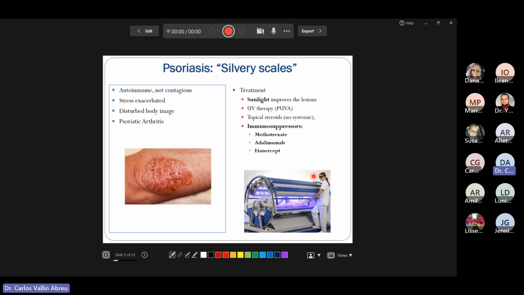Sometimes this autoimmune attack can extend to the joints. So with certain frequency, clients with psoriasis also suffer from psoriatic arthritis. This arthritis is deforming and is very similar to rheumatoid arthritis. So it is a serious condition. As with most autoimmune diseases, psychological stress exacerbates the condition.